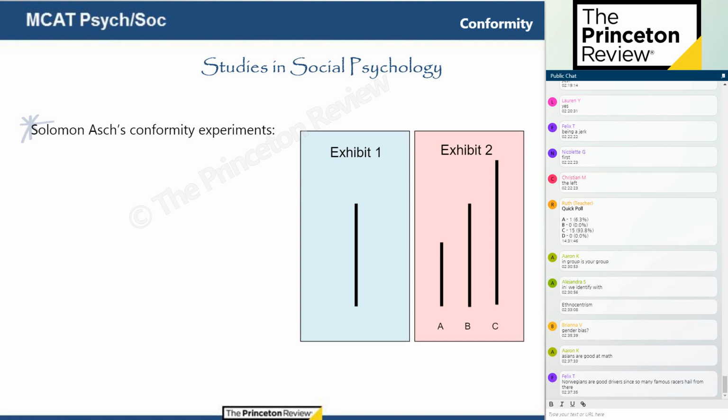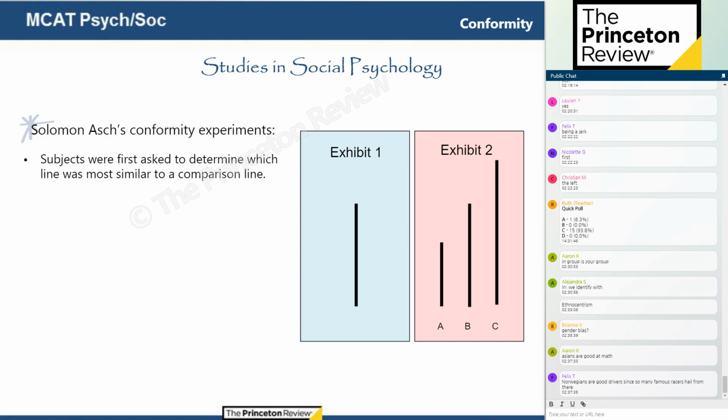Very famous study, Solomon Asch's conformity experiments. Okay, so we've got a bunch of people participating. They were first asked independently by themselves to determine which line is most similar to a comparison line.